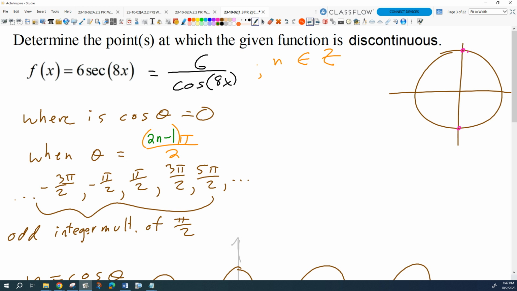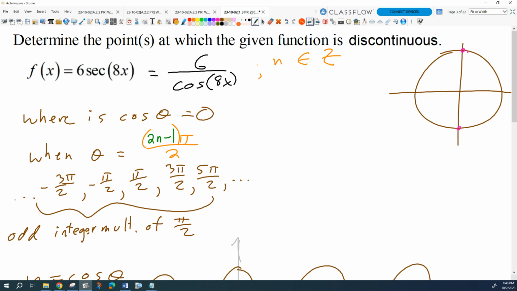Okay, the only problem is these aren't thetas. What are they? Cosine theta equals 0 when theta equals quantity 2n minus 1 times pi halves, right? But what is theta? I'm not feeding cosine thetas. I'm feeding it what? 8x's, okay?